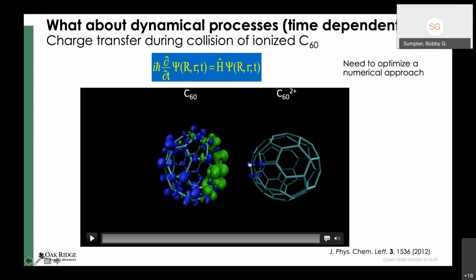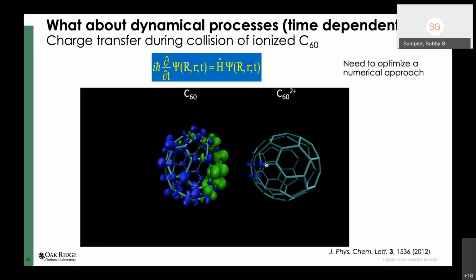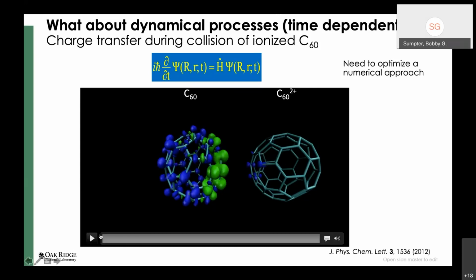These are close enough together that already the absence of electrons on this buckyball is pulling and polarizing the electrons on this buckyball, shown here with the light green as an excess of electrons and the dark blue is depletion of electrons. So as these things are collided together, and there's reasons that you want to accelerate these for purposes of propelling and also other chemistries, we wanted to see when the charge transfer happens and how it equilibrates.